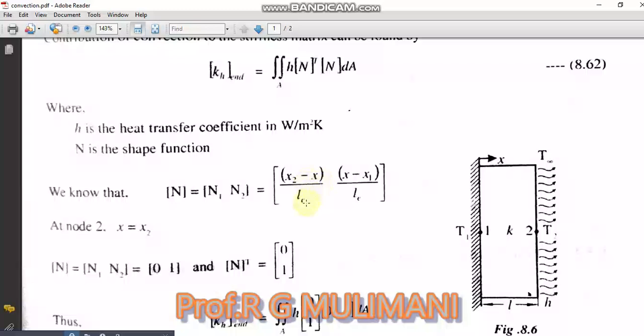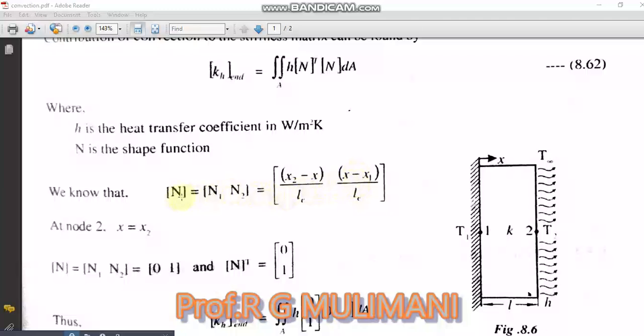N1 is (x2 - x)/LE, and N2 is (x - x1)/LE. Now the convection heat transfer is taking place at node 2, so let us substitute x = x2. Then x2 - x2 is 0, so N1 is 0, and x2 - x1 is nothing but the length of the element, LE, which cancels, so N2 is 1. So N1 is 0 and N2 is 1.